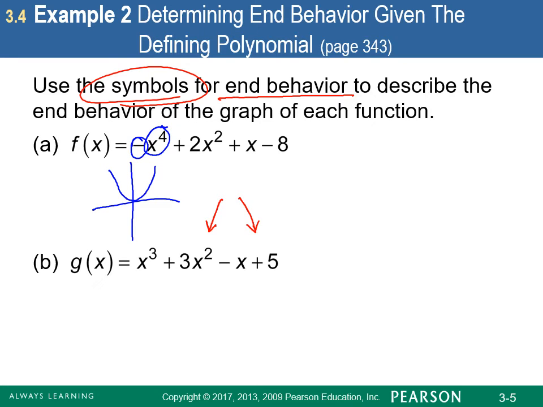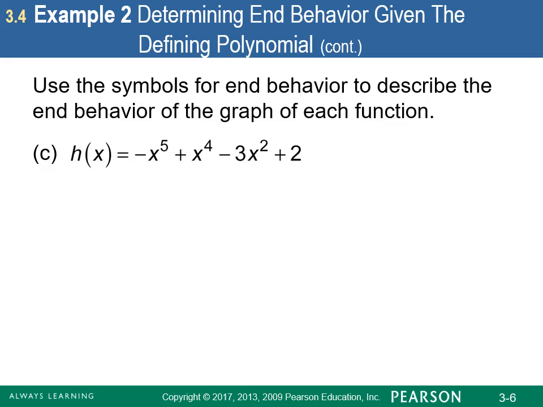Likewise, x to the 3, since there's a plus on the front, is going to be going up on the right and down on the left. So these are the symbols we would use.